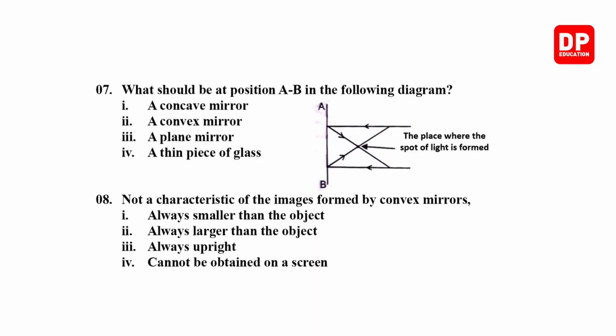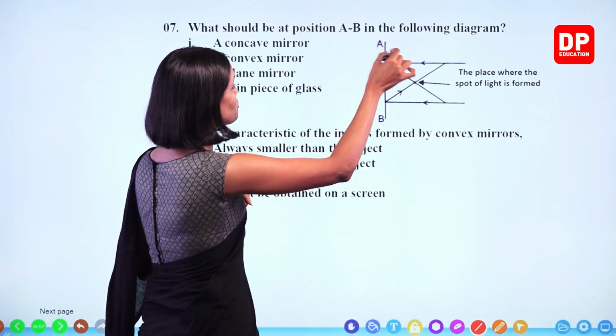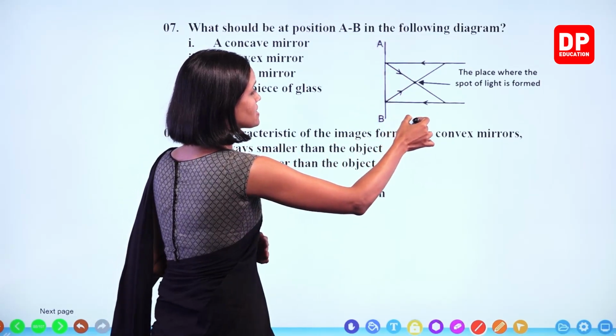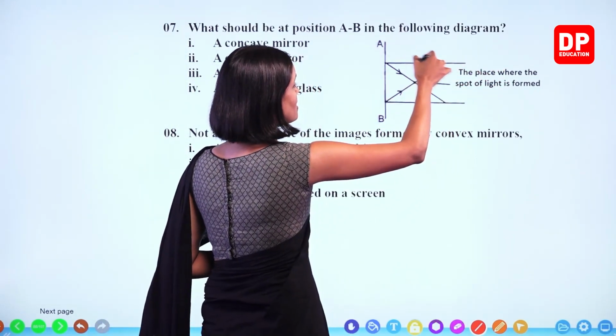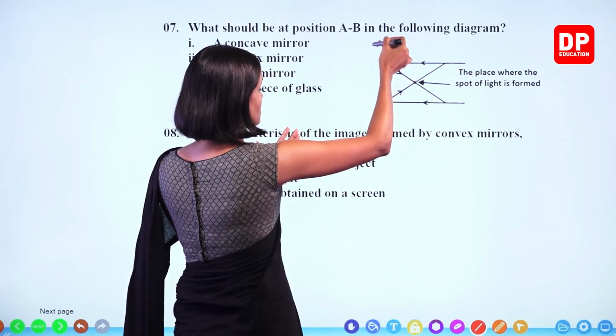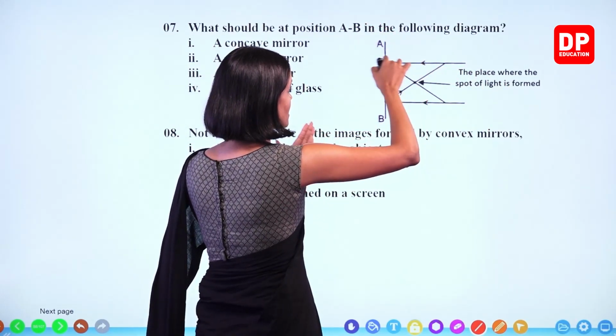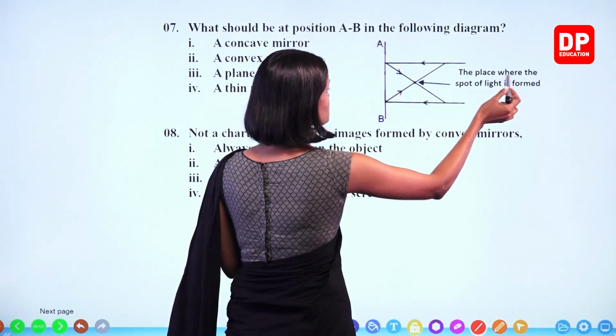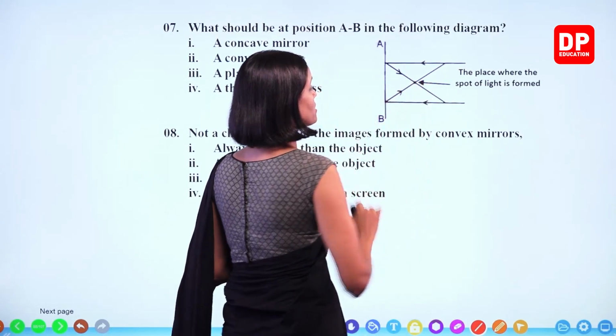Okay. What should be at position AB in the following diagram? This is AB. You all can see a parallel beam of light is coming towards AB. And it reflects the light. After reflecting, they meet at the same place, the place where the spot of light is formed.